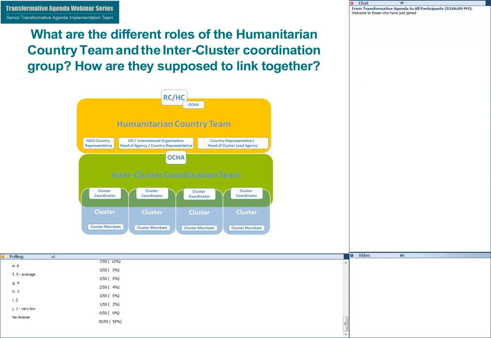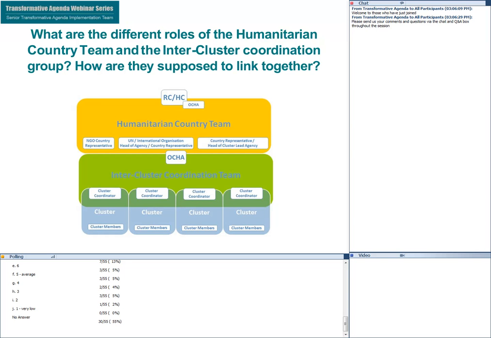The Intercluster Coordination Group is sometimes referred to as the engine room in humanitarian operations. They are not responsible for strategy, but they are responsible for the operations that make the strategy work. And probably it would be useful to remind ourselves of the core functions of the clusters, which includes supporting service delivery by providing a platform that ensures service delivery is driven by the strategic response plan and strategic priorities.